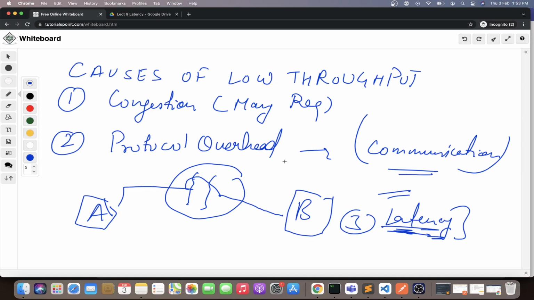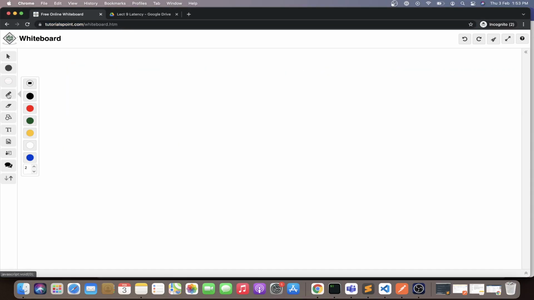Now we'll look at the impact of this application characteristic on different architectures. Firstly, monoliths.